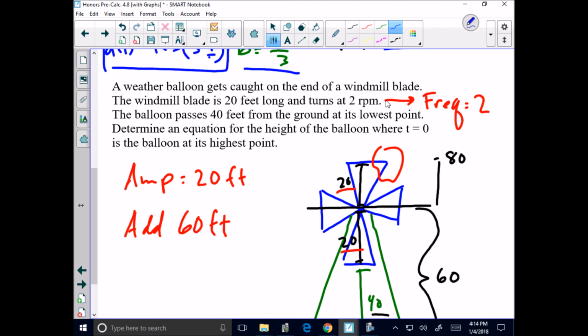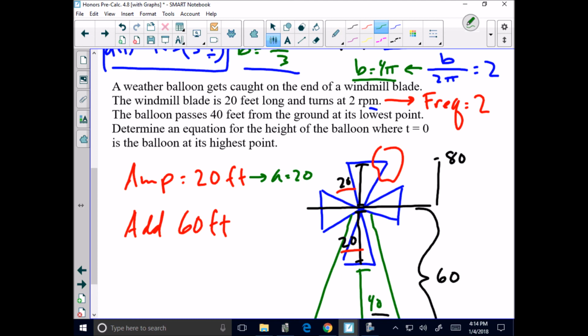So since we've got frequency in terms of single minutes, we know that our frequency of 2 is going to be equal to b over 2 pi. And we can use this to solve for our b value. With an amplitude of 20 feet, we have a equaling 20. When we solve for b with our frequency, we have b equaling 4 pi.